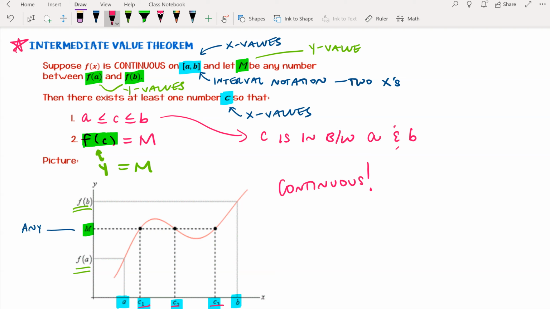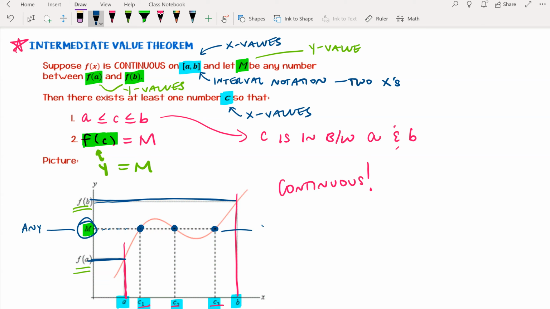If you have a continuous function and you start with an interval A to B, and then you pick a random y value between the y values at x equals A and x equals B, so this is our random y value, at some point on your continuous function, you have to actually have a point at that y value.